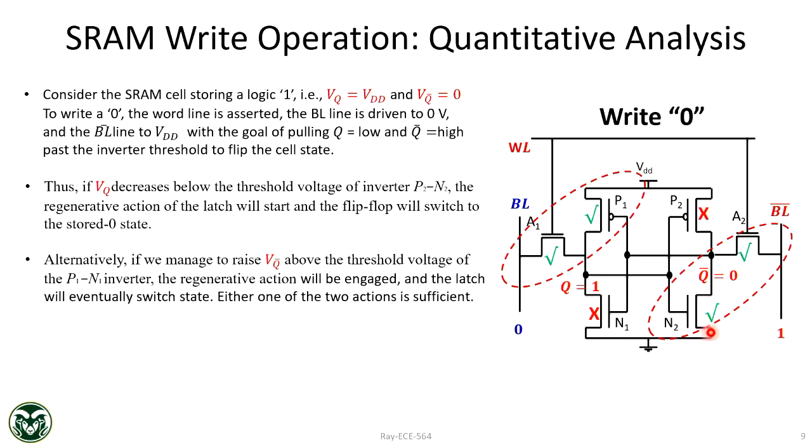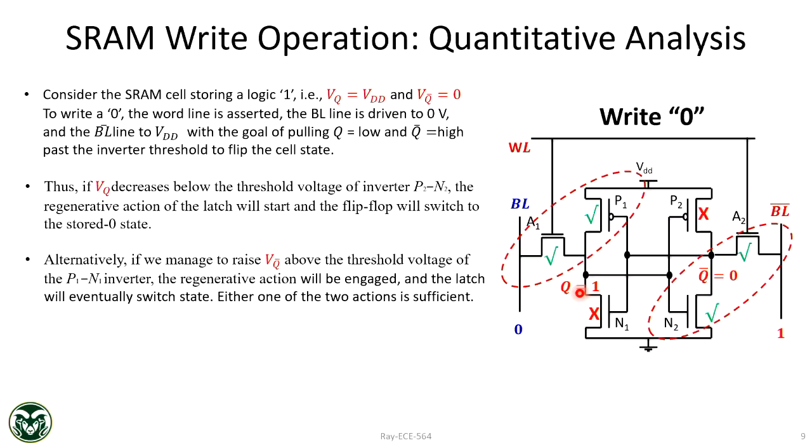But everything has pros and cons, right? If you make A2, A1 or P1 very, very weak, then you may lose charge much quicker, because P1's purpose is to keep Q1 always at 1. There is always leakage going on. If you make P1 very weak, then your data retention voltage will be very large; you cannot go down to a lower data retention voltage.